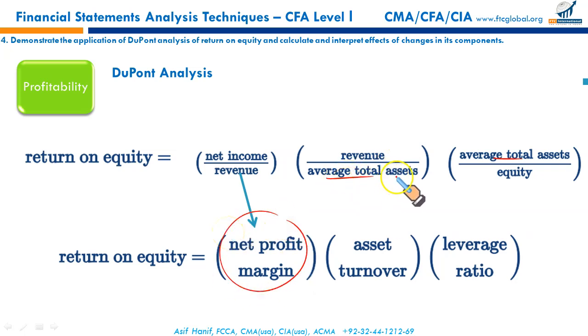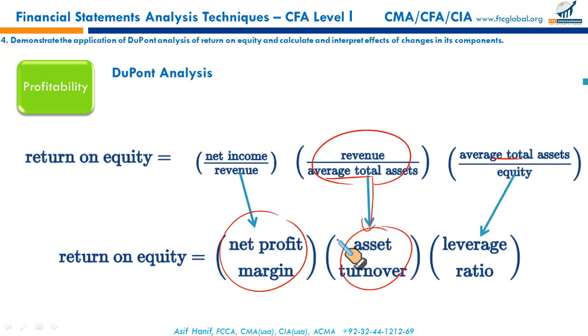Revenue upon average total assets, we just discussed a little while ago, it's asset turnover. Now we come up with something new in this formula. Leverage ratio. We discussed this also in the previous slides. Average total assets upon equity is called leverage ratio. Now we can analyze the impact upon equity of these individual elements.